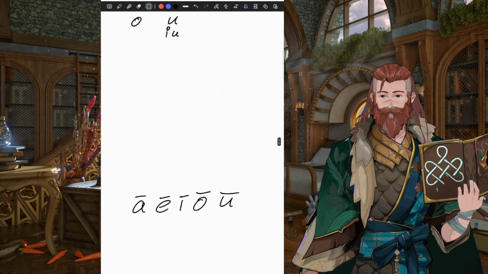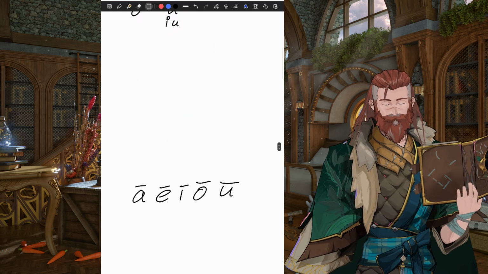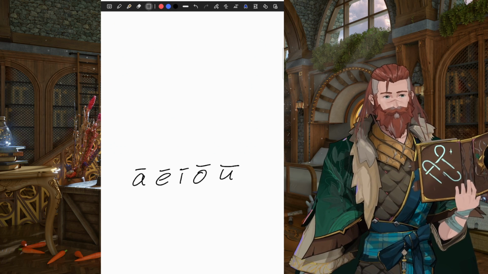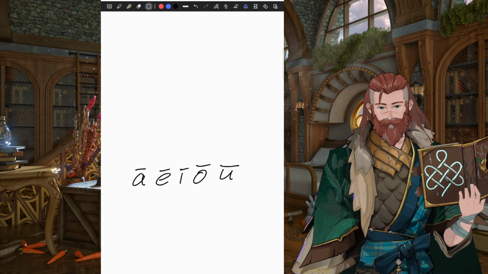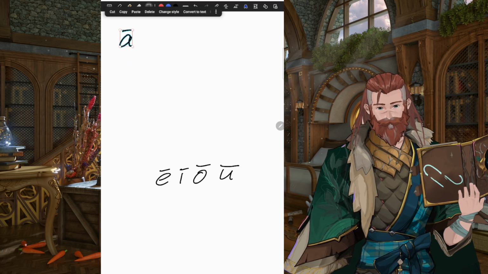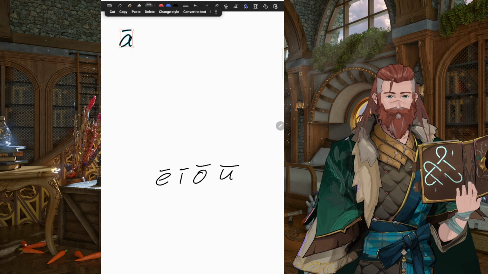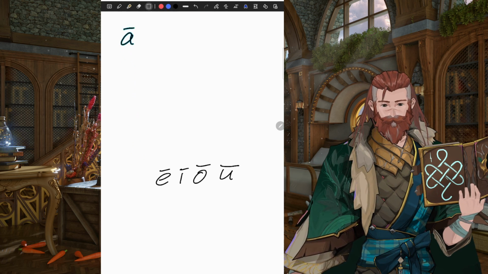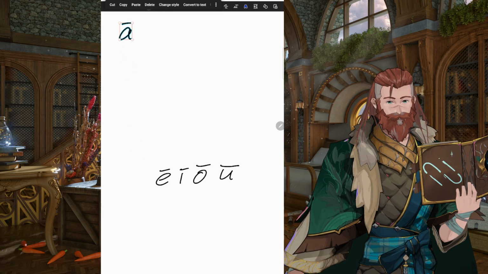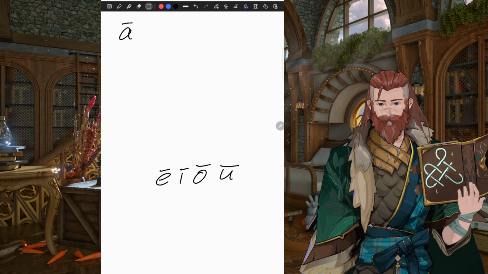Now, with the fada letters, things get a little crazy, get a little out of hand. For these long vowel sounds, you can have combinations of 2 or 3 vowels that will make these sounds.